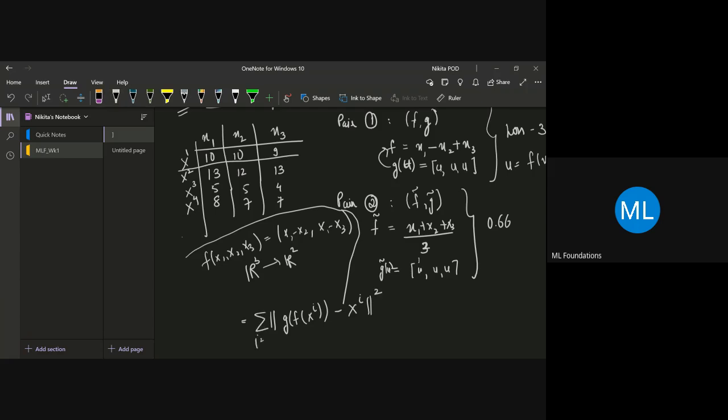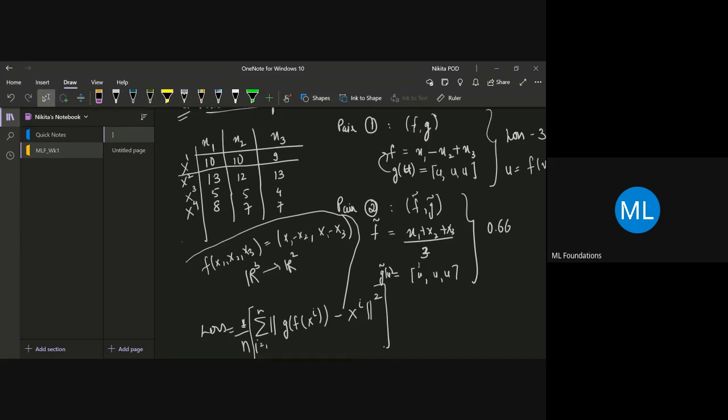I'll just write it as loss. So once you decode using the g function, this is the loss function that you'll have to calculate.